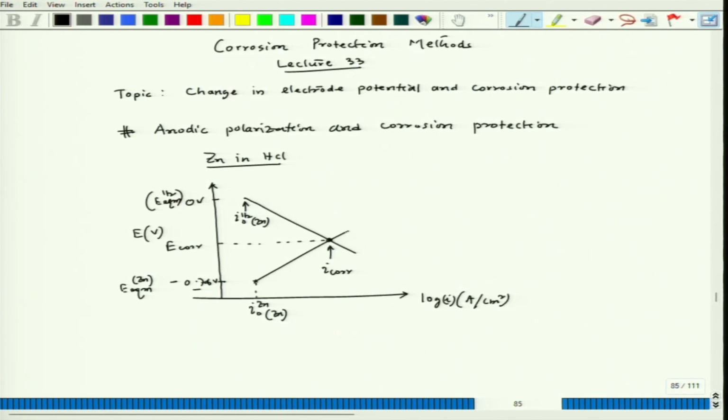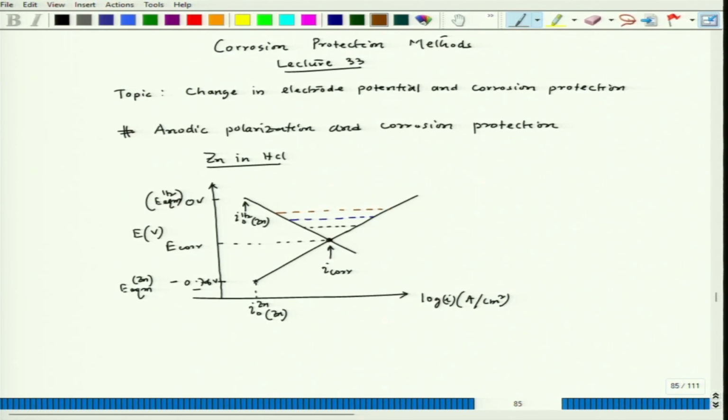So let us extend this anodic part. Now let us see what happens if we increase the potential from that stable potential, which is E core. Let us say I go to a new position, and then another new position.